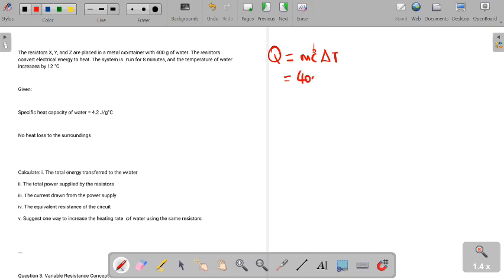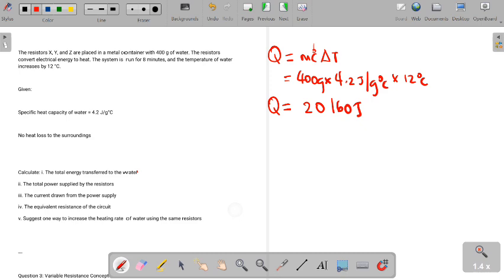So that will be 400 grams multiplied by 4.2 joules per gram degree Celsius multiplied by the delta T, which is 12 degrees Celsius. So when you multiply everything, it's 400 multiplied by 4.2 multiplied by 12. That will give us 2160 joules. So this right here is the heat energy transferred to the water.